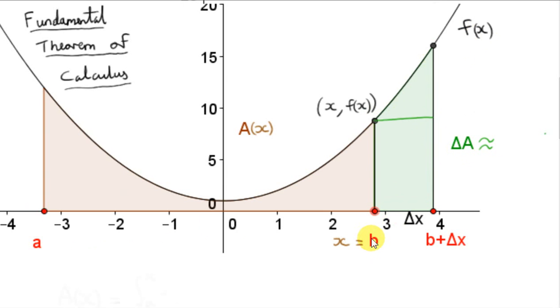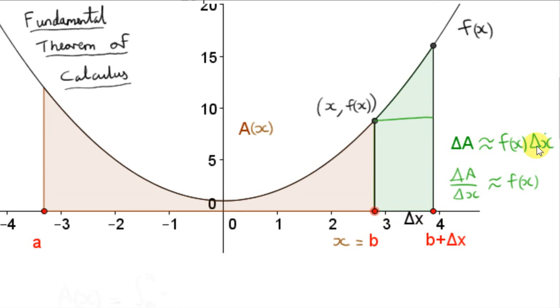Now later on we will set x equal to a particular value b, but for now assume that x is a general value, so this point was free to vary as we saw in the simulation. So delta a is approximately height f of x multiplied by base delta x. Of course there's a fair bit of discrepancy here, but this discrepancy goes to 0 as delta x goes to 0, as this point moves towards this fixed point here.